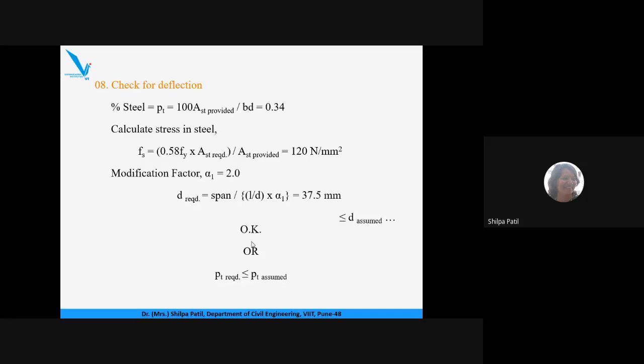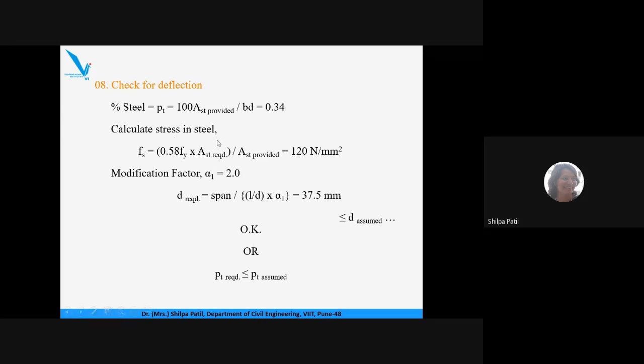And don't worry, your design will come out safe because initially we have adopted much higher values. See, the trial D calculated was coming out to be 53 and we have adopted 70. So we have already increased the value to the higher side and done all the further calculation. So initially we have taken care that our design will come out safe. Okay. So this is one way of checking deflection.